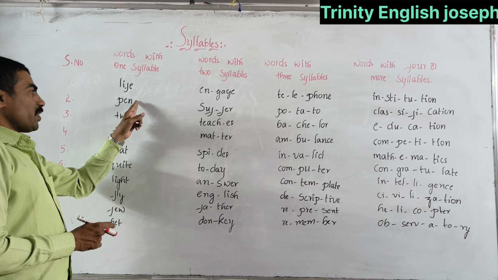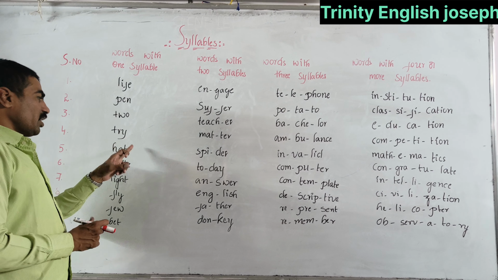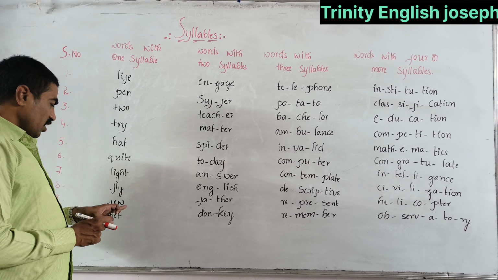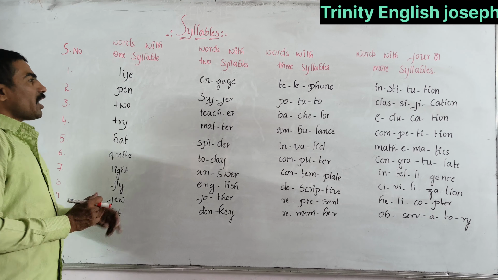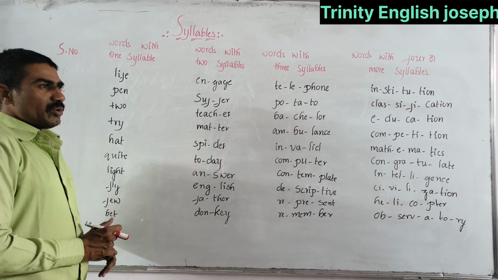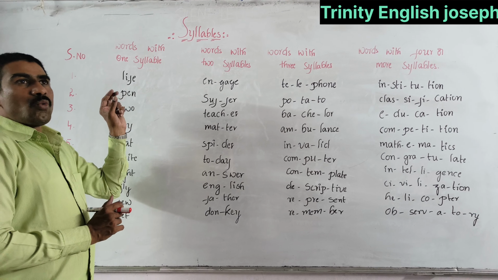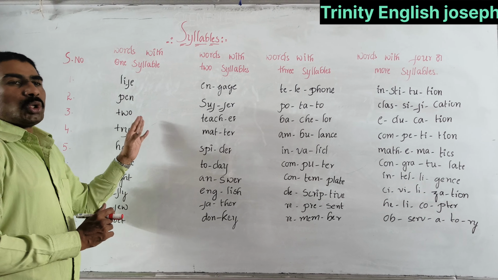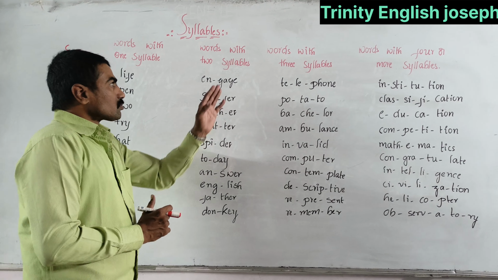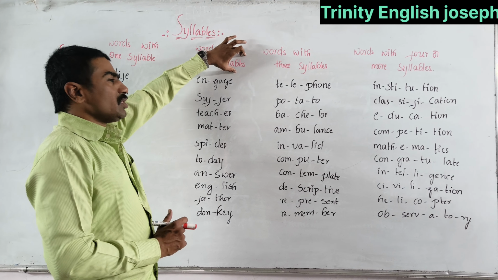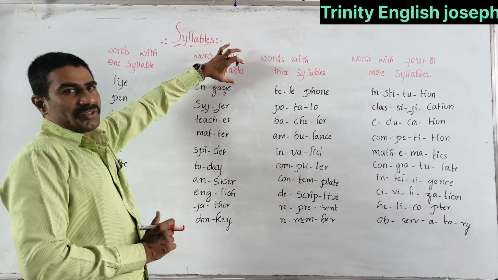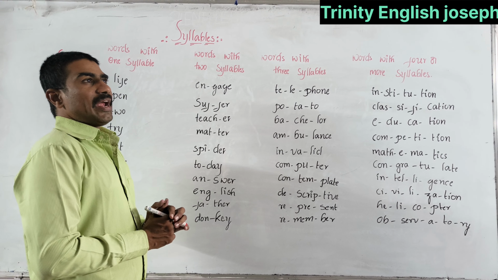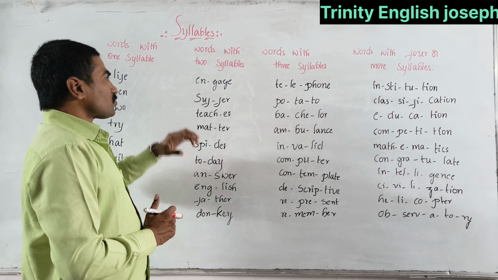So life, pen, to, try, had, quite, light, fly, few and bet. As you already know, there is one vowel sound in these, so that's why they are called monosyllabic words. Words with two syllables are disyllabic words, and in the examination we write disyllabic words.